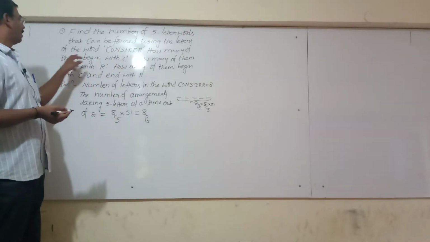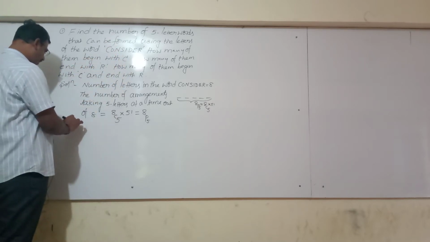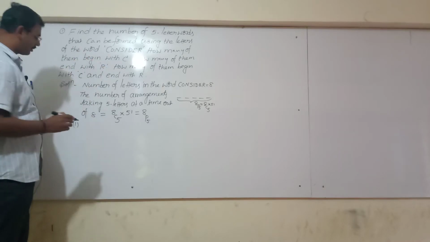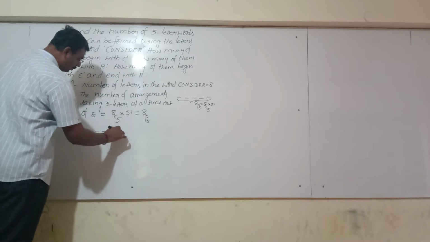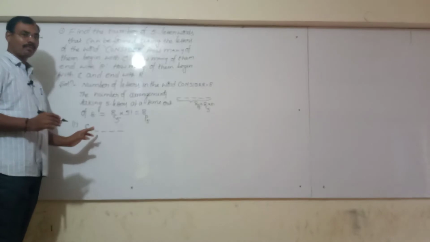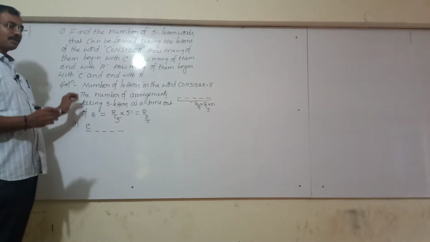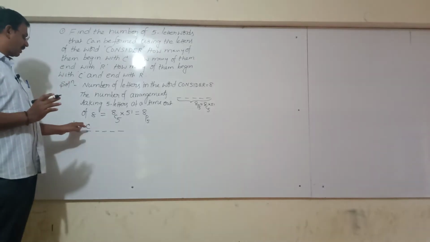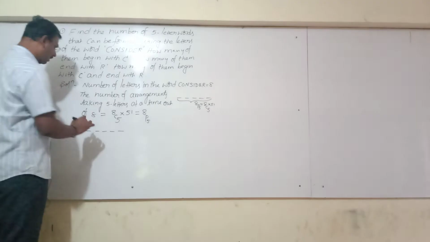Now question number 1: how many of them begin with C? Next I take the words that begin with C. We need 5 positions, and the word must begin with C. So we have to fill C in the first place. It is fixed. This can be done in one way only. Now how many positions are left?